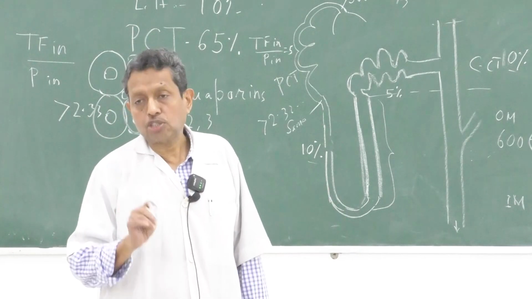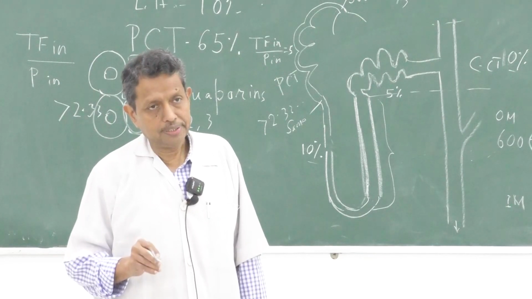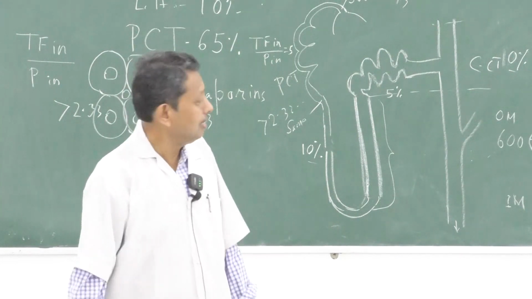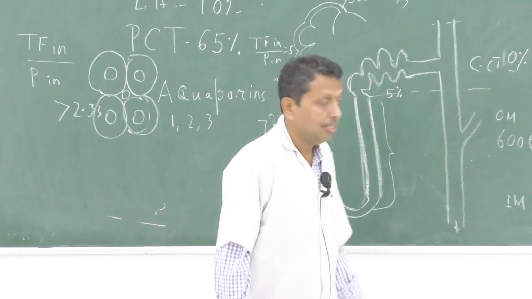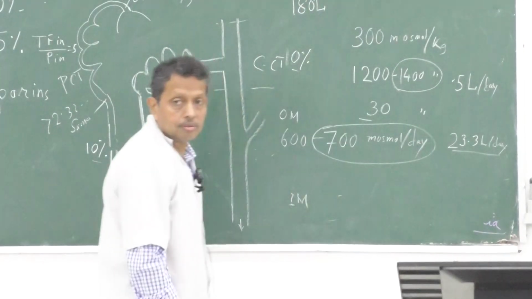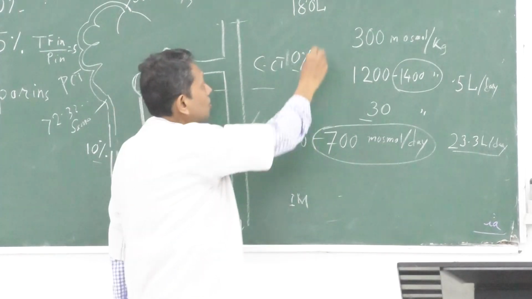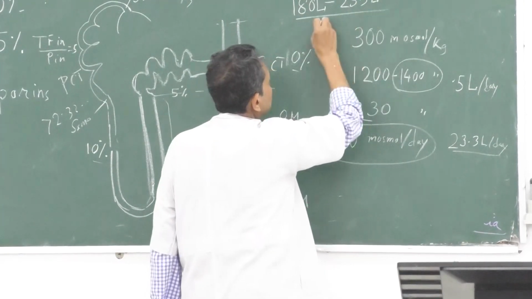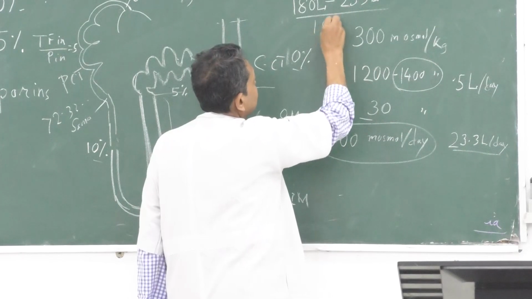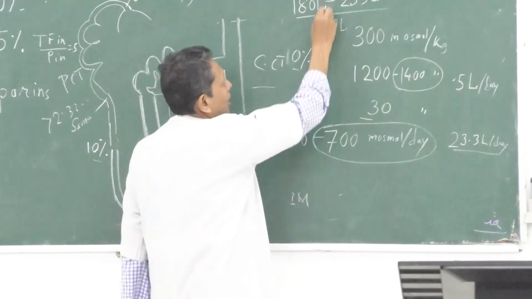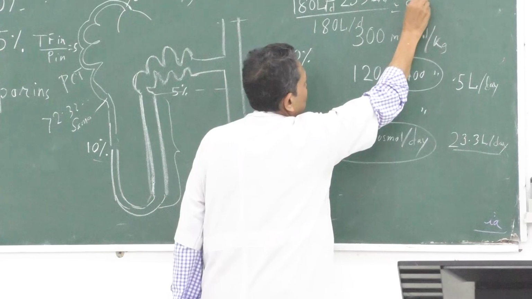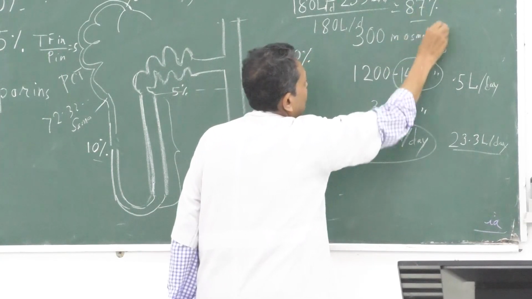Whenever there is no action of antidiuretic hormone or vasopressin, the individual is drinking plenty of water, and in that case it is 23.3 liter per day in health, but this 180 liter per day everywhere. So it is 87% or so.